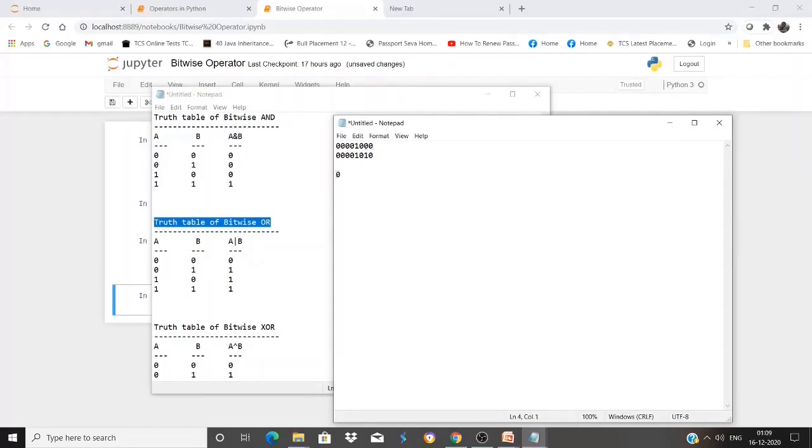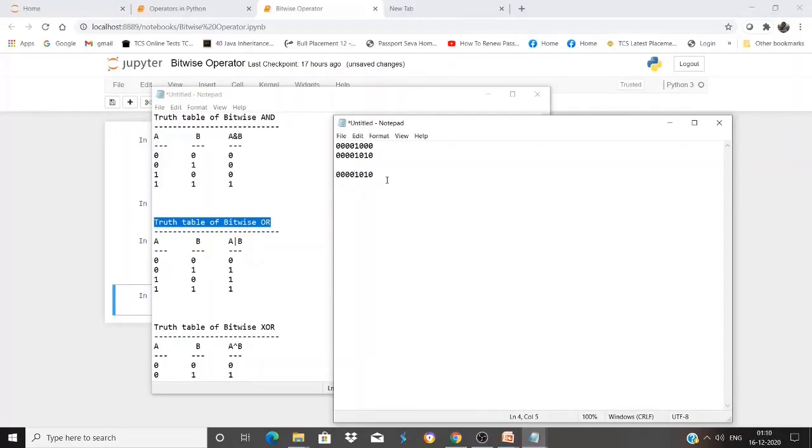So the output bit will be 1. Then we have got both 0. So we'll again write 0. Then we have both 1. So it will be 1. And then for the rest of the bits we have both zeros. So it will again all be 0.